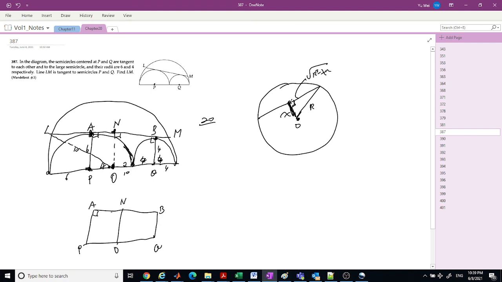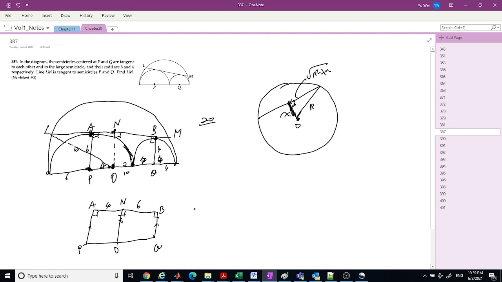These are all 90 degrees, so they are all parallel. So this is a trapezoid, and we know the ratio, right? NB is 2 plus 4, which is 6. This one is 4, right?